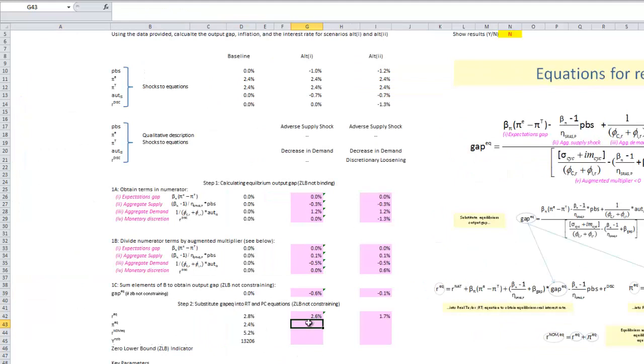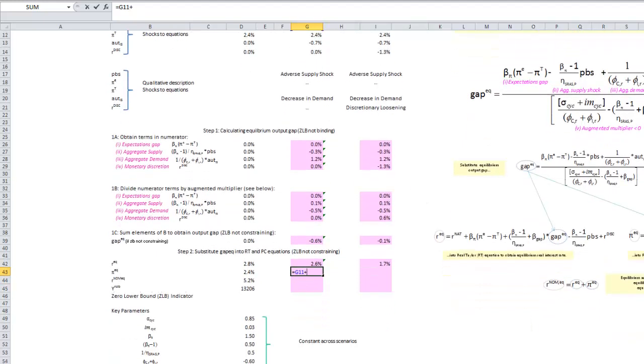So let's go back and pick up our terms here. The first thing that we do to get inflation is go upstairs and ask, what was expected inflation? And expected inflation was 2.4%. Then we're going to add our familiar term that we already have calculated here, our inverse, and here it is.